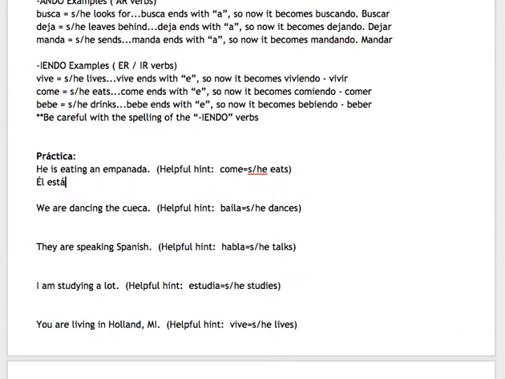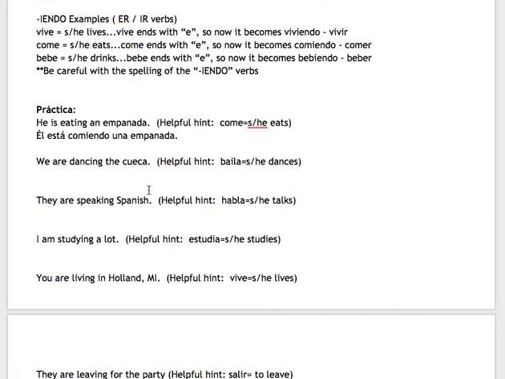Él está. And then eating. The verb comer is to eat, and come is he or she eats, which ends with e. So that means that we need to have the I-E-N-D-O. Comiendo una empanada. He is eating an empanada.